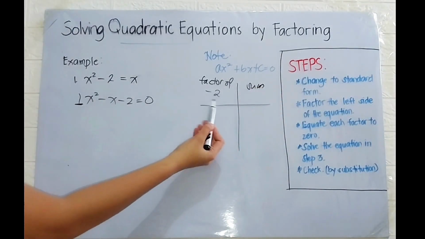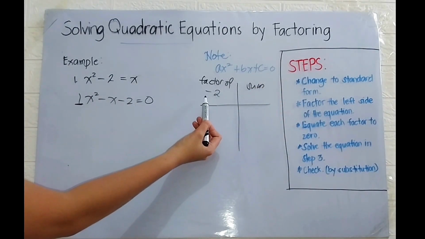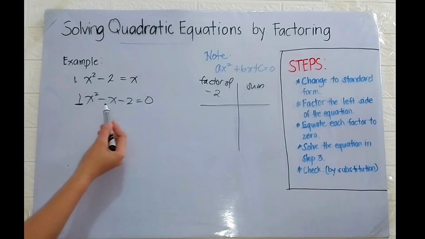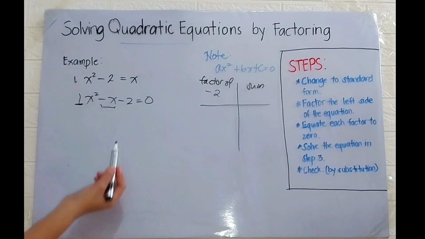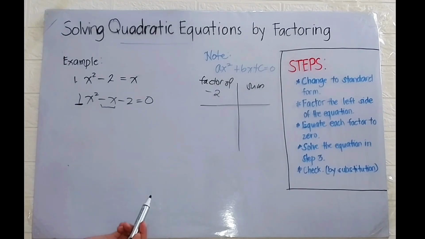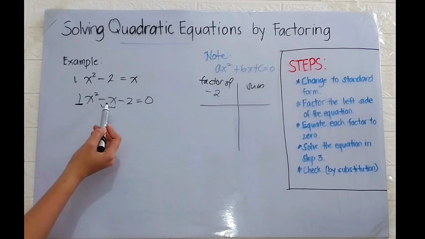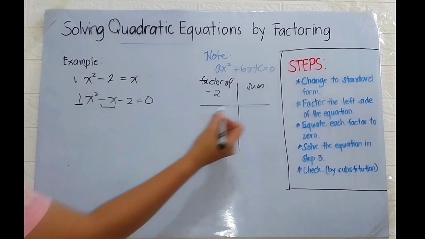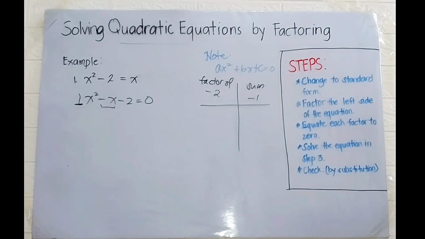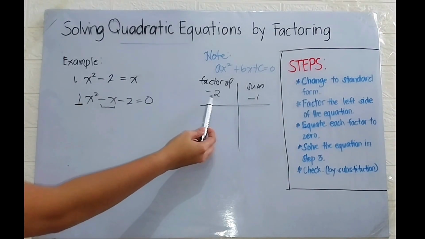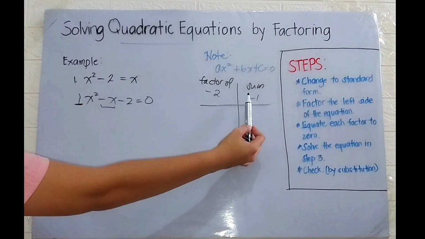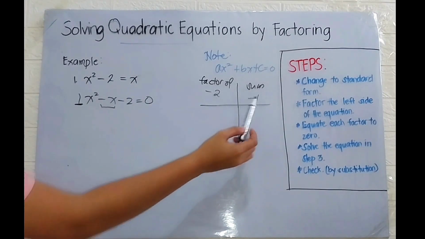Meaning, if you add the two factors of negative 2, the answer must be the middle term, the b. Ano ba yung b natin? Since there is no visible coefficient, the imaginary coefficient of x is negative 1. Ulitin ko, ang gagawin natin, we're going to find the factors of negative 2, which is our c, and the sum must be our b, which is negative 1.